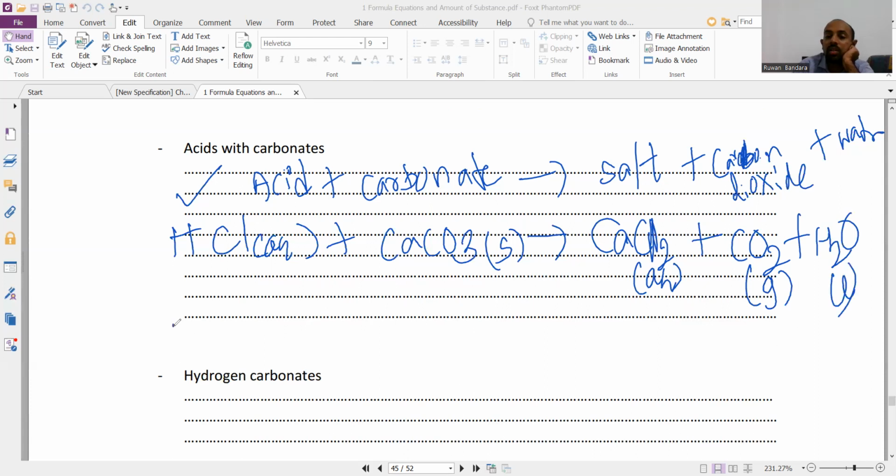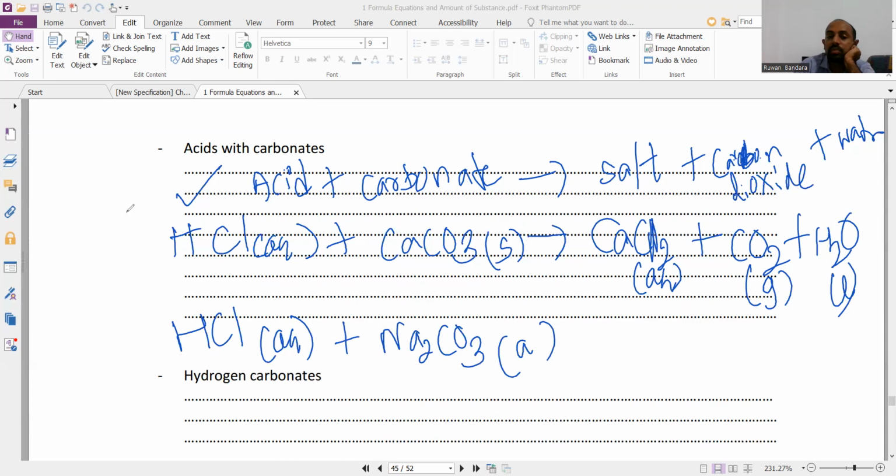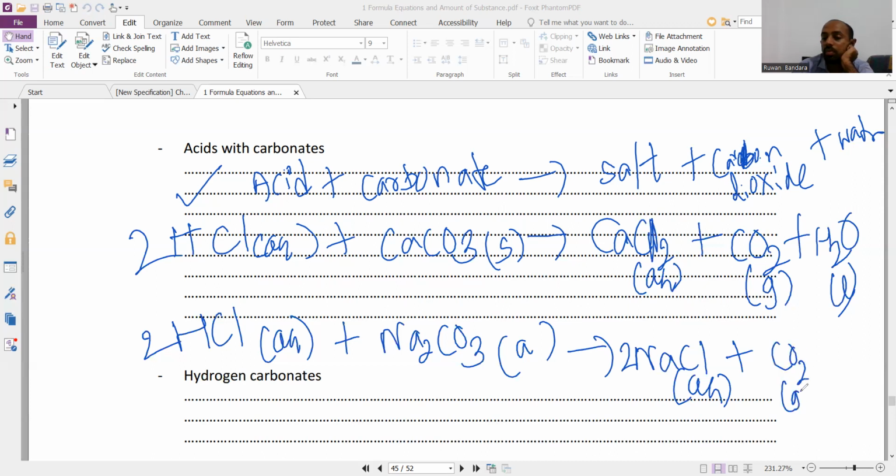The other one gives you something else. Then the question is, write the ionic equation for this one and this one. I need you to write the ionic equations for these two.